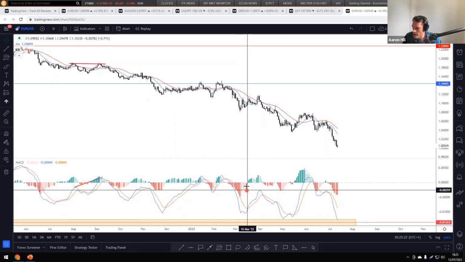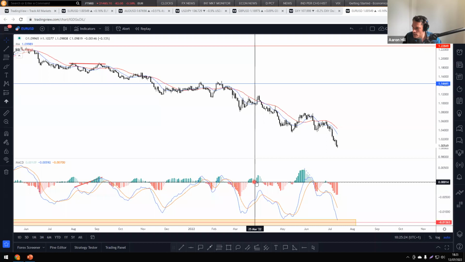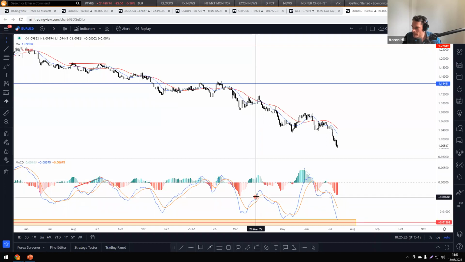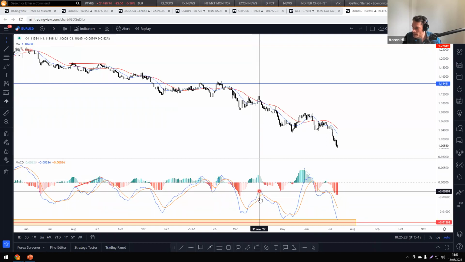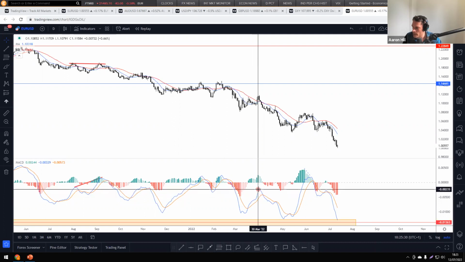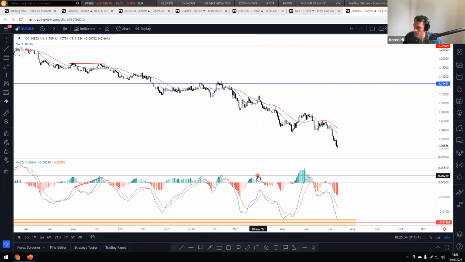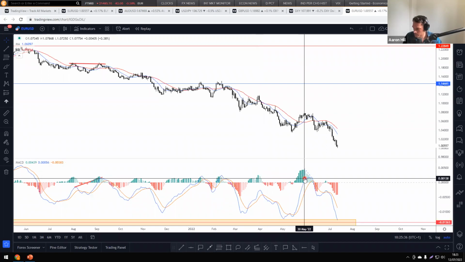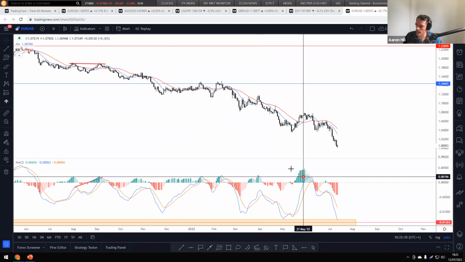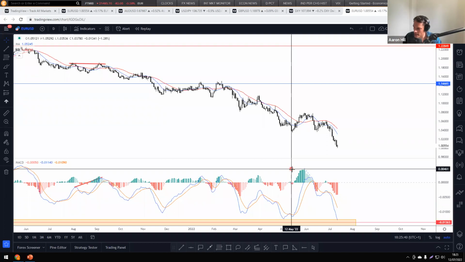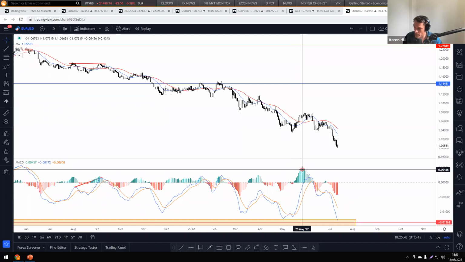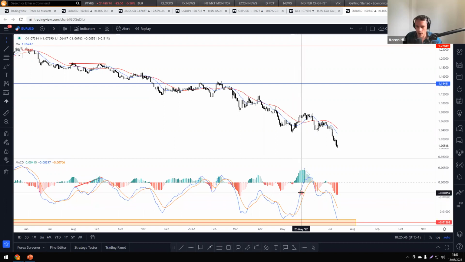But as we cross higher, the green columns begin to emerge. The histogram is positive, giving really strong values based on the spread between these two moving averages.